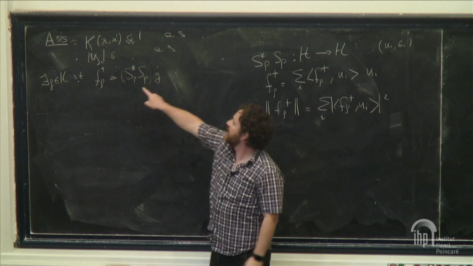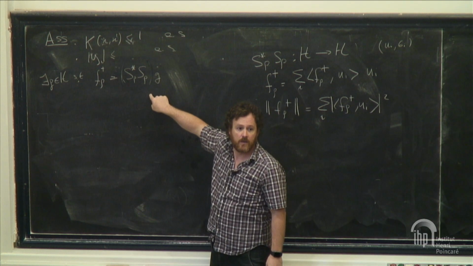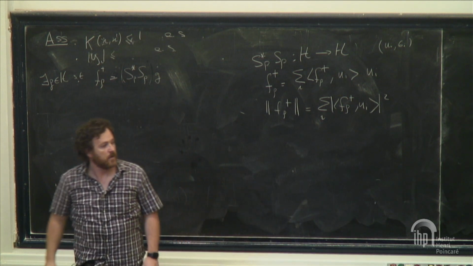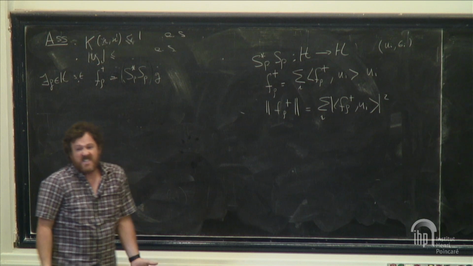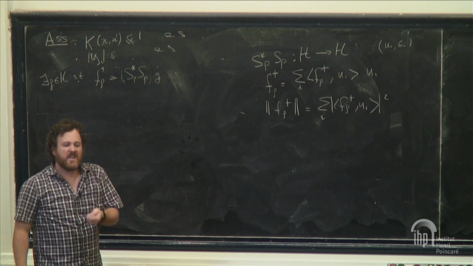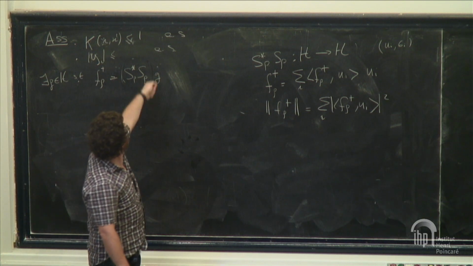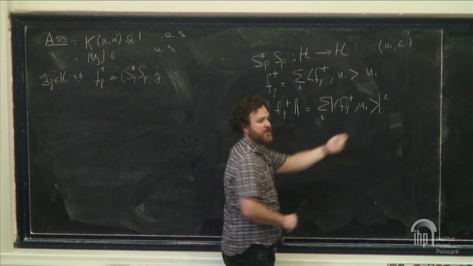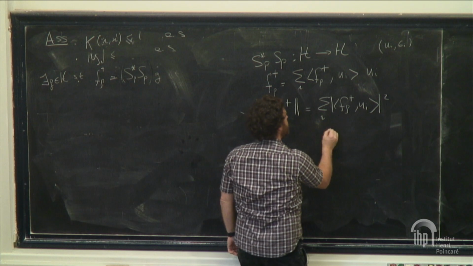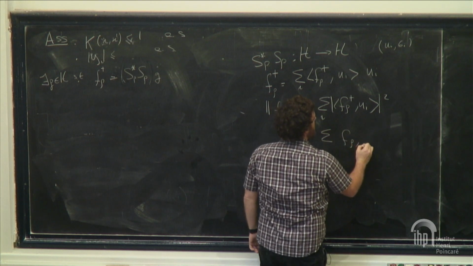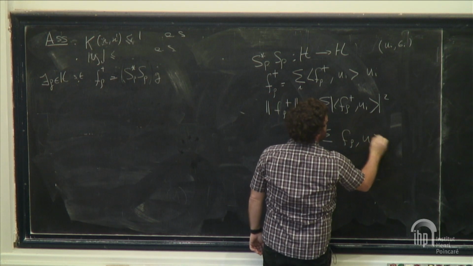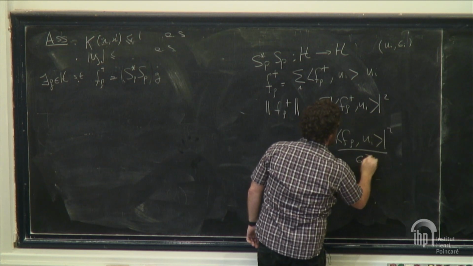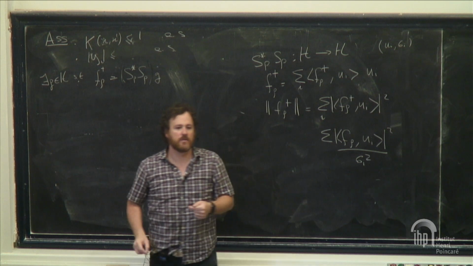What is the effect of making an assumption like this? It is in some sense a smoothness assumption. You can reformulate this, checking that it says something more. It says that not only does this series have to converge, but it has to converge once I divide by the square of the eigenvalues.